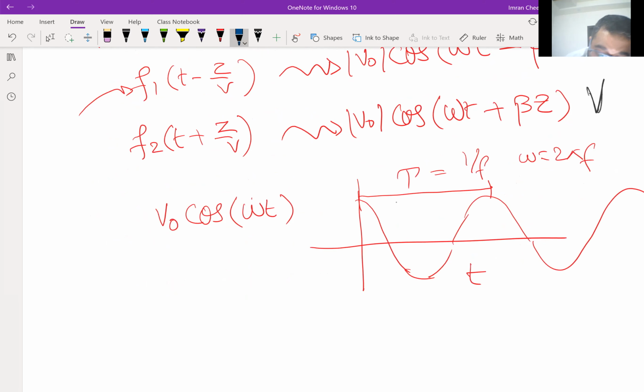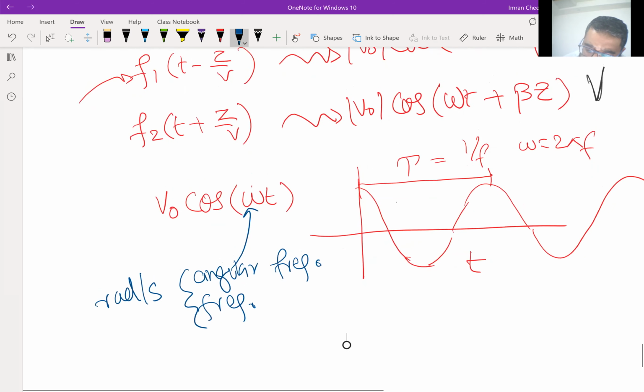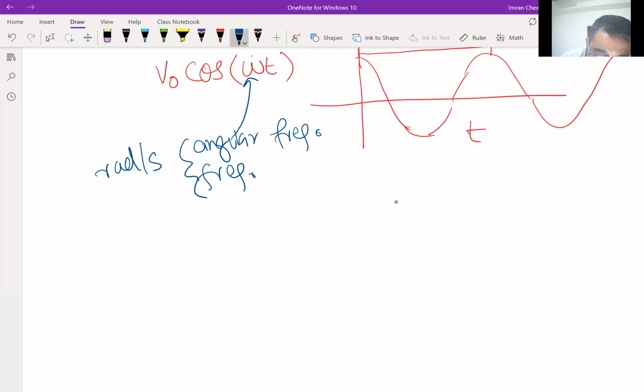You used to call this omega the angular frequency, in the units of radians per second. I'm going to start calling this the temporal frequency.